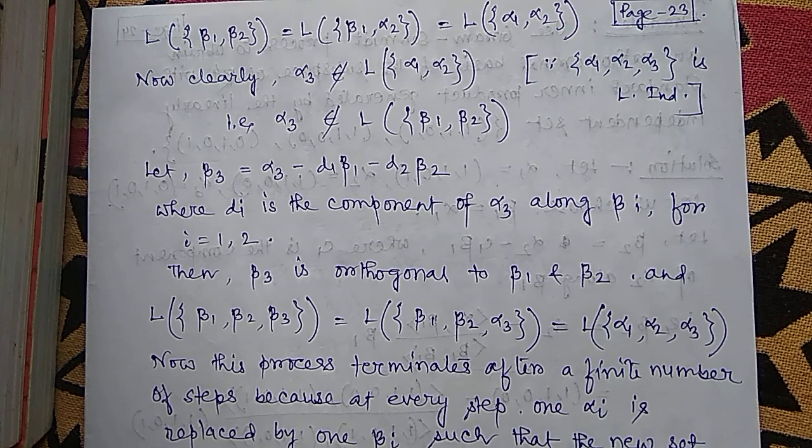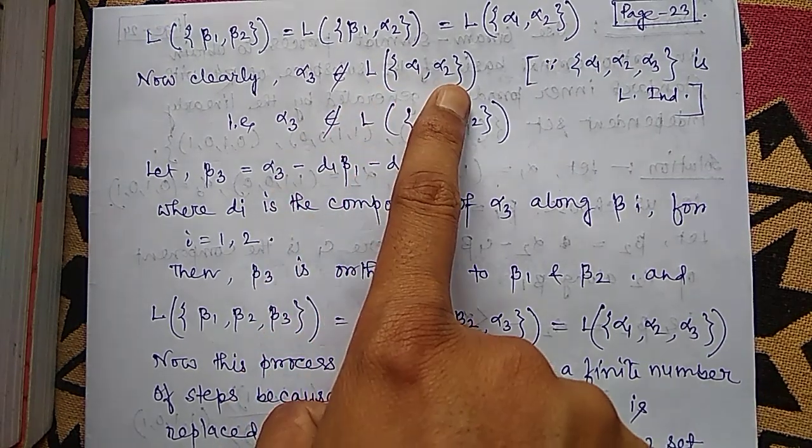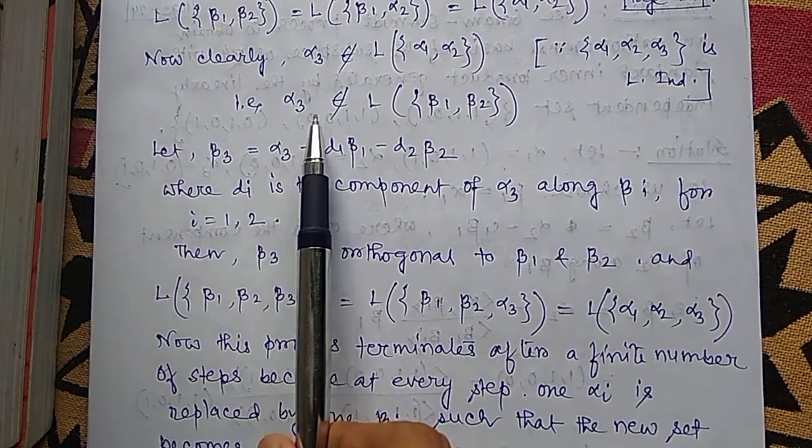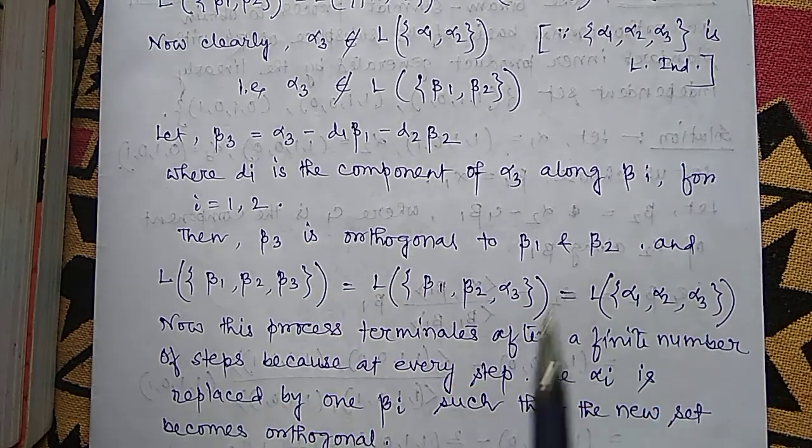So we have arrived at a contradiction to the fact that alpha 1, alpha 2, alpha 3 are linearly independent. So we must have alpha 3 is not in the linear span of beta 1, beta 2. Okay.